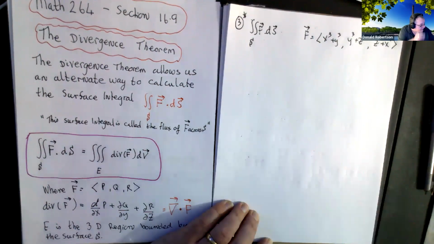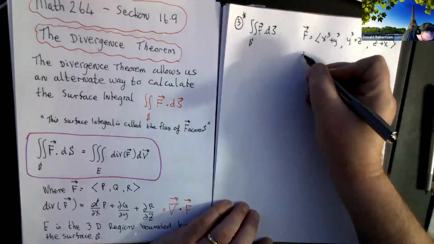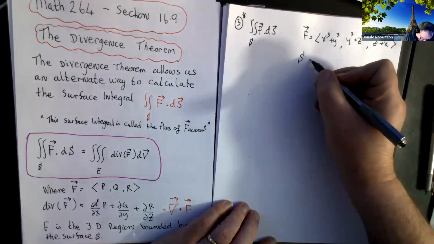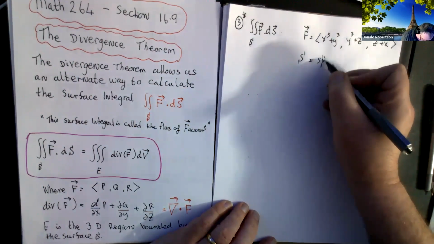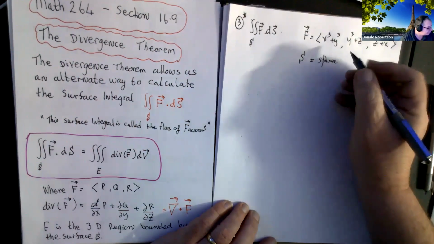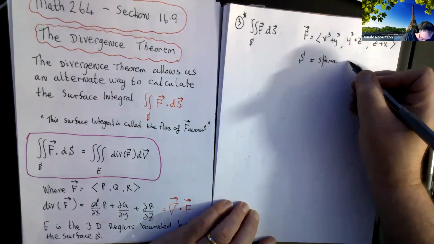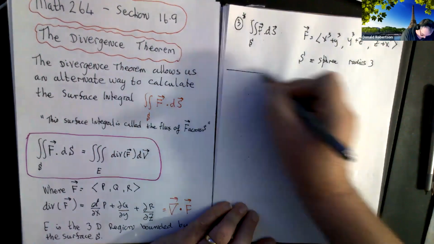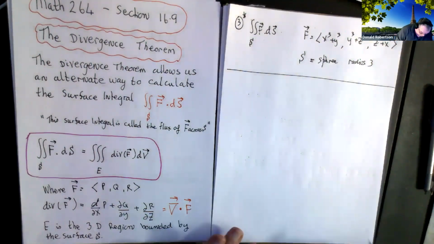That guy. S, on the other hand, the surface, is a sphere, center the origin, which is the only place it will be, radius 3. Okay, good to go.